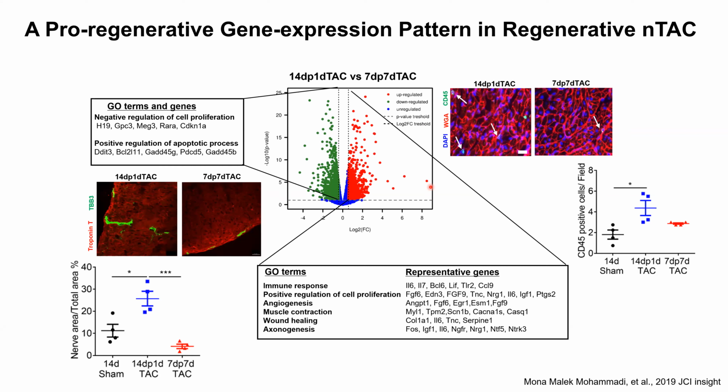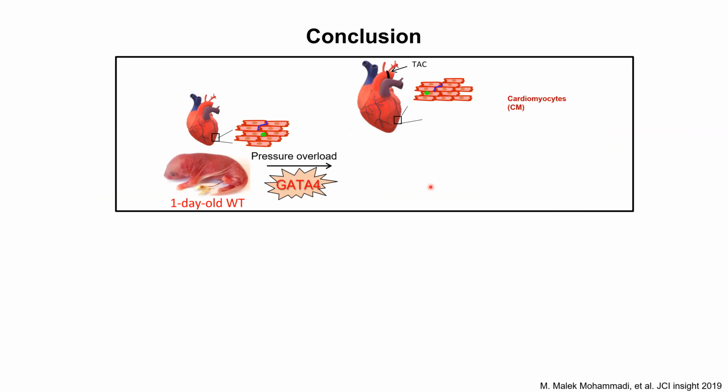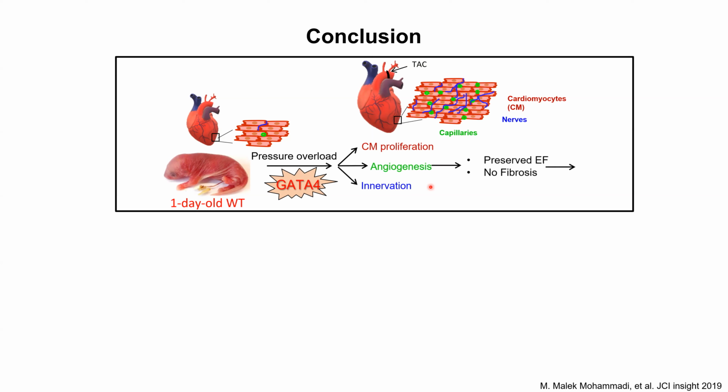So I would like to conclude that 1-day-old mice, in the presence of GATA4, have the ability to adapt to pressure overload by inducing cardiomyocyte proliferation, angiogenesis, and innervation in the heart, which leads to preserved ejection fraction and no fibrosis. This is called an adaptive response.